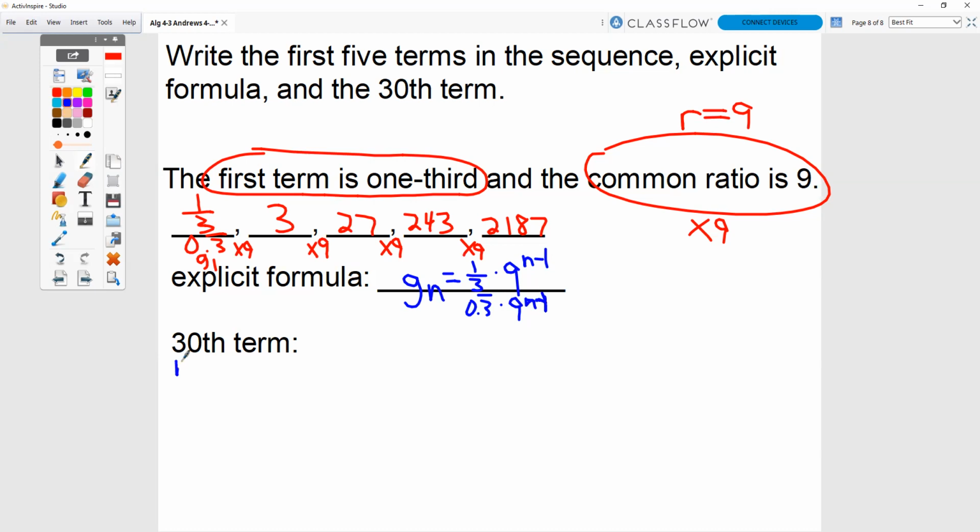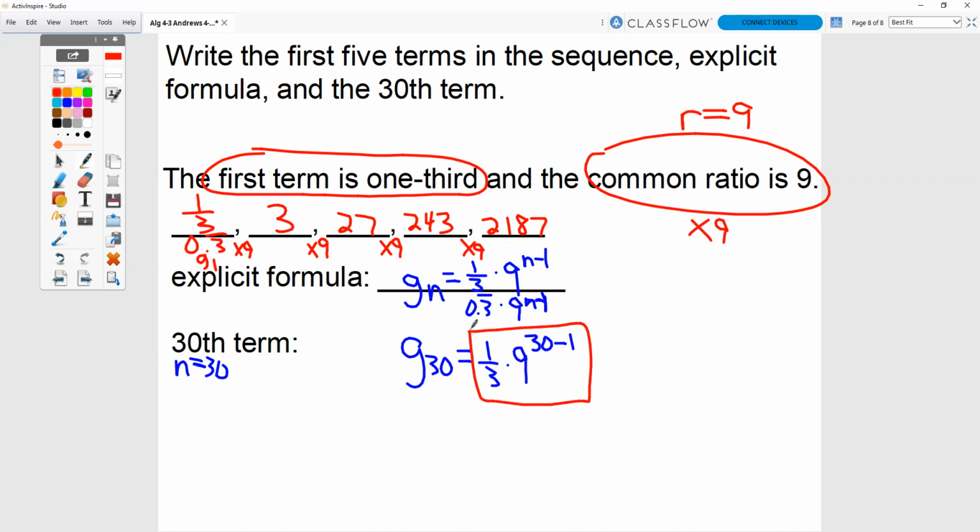The 30th term, so n equals 30. Now think of how quickly this is going to get bigger and bigger and bigger if we're multiplying by 9. So G sub 30 equals our 1/3 or 0.3 repeating times 9 to the 30 minus 1 power. Again, you could use the 29th power if you wanted to.